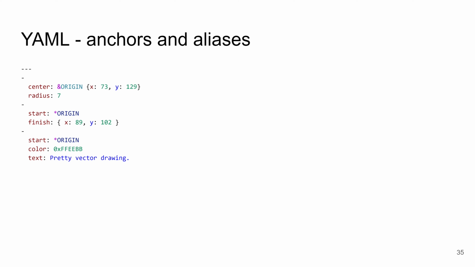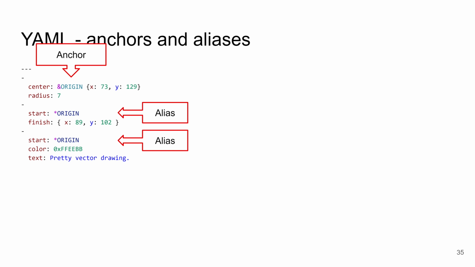So an interpretation of these anchors and aliases is like this. The map where we have keys X and Y with the values 73 and 129 is denoted by an anchor origin, and then the star keys in the second and third item in the top level sequence are referencing that anchor, which means that the same map gets inserted into those positions.